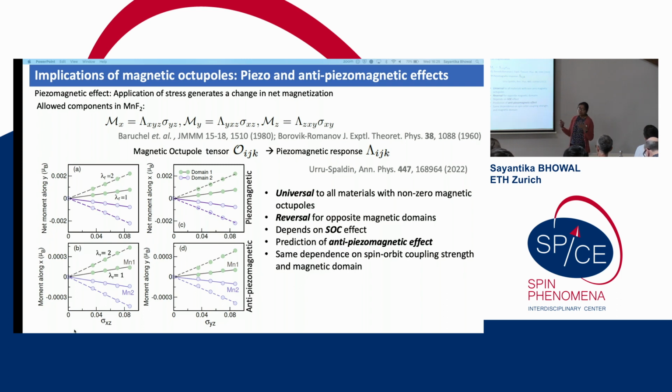For MnF2, we know the existing ferroic magnetic octupole moments, and from those we can describe this response that is not only allowed by symmetry but also observed in previous experiments. So this has the advantage that for any unknown system, if we know the non-zero components of the magnetic octupole moment, then we can predict the corresponding piezomagnetic response as well.